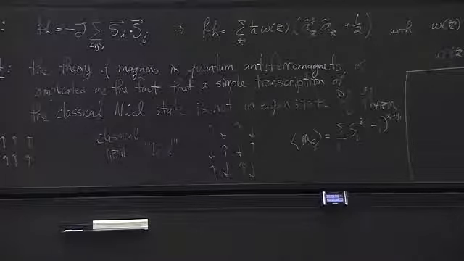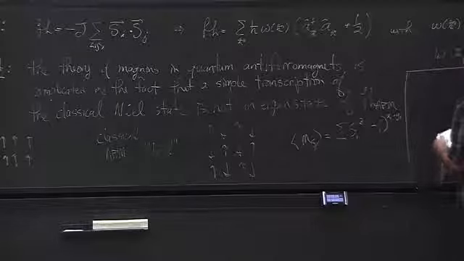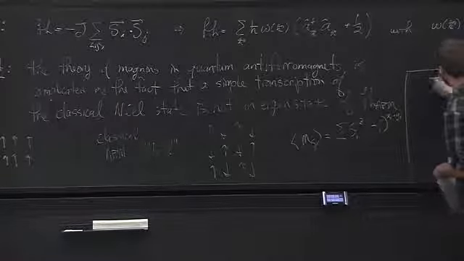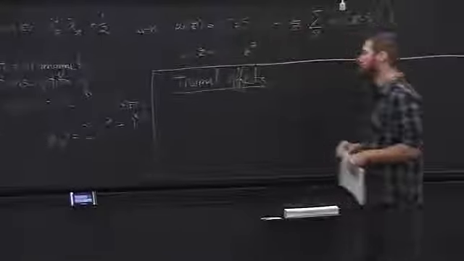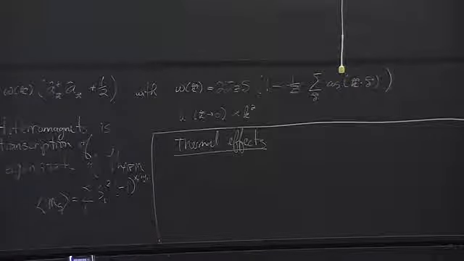So let's take the Q equals 0 case, the ferromagnet, which we've calculated the dispersion for, and look at some thermal effects. A little bit of this discussion is tied to history.